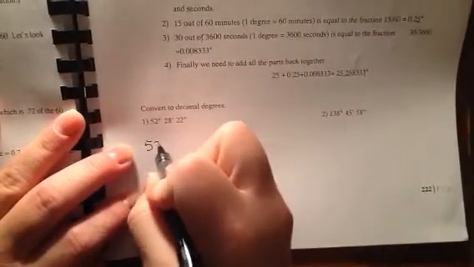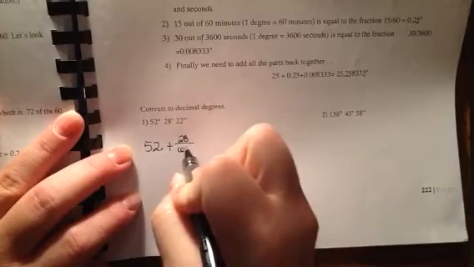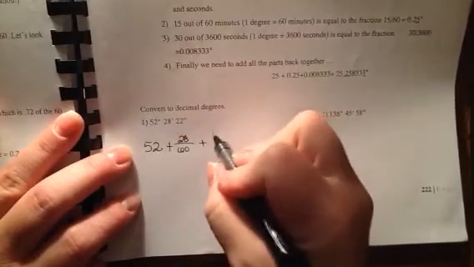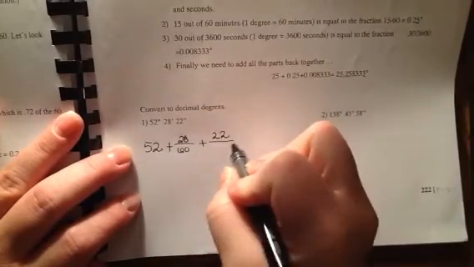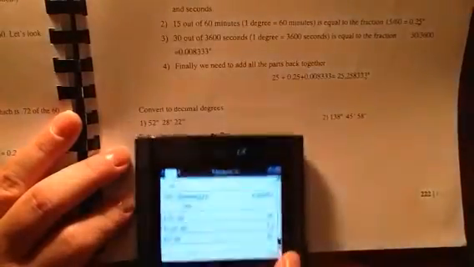So what you're doing is you're taking the 52 degrees plus 28 out of 60 minutes, and then 22 out of 3,600 seconds. And you can just type it in one fell swoop in the calculator.